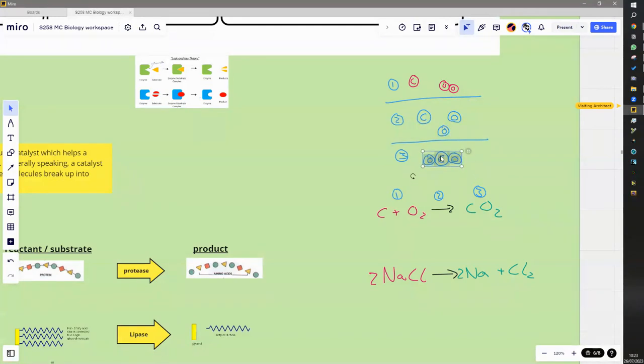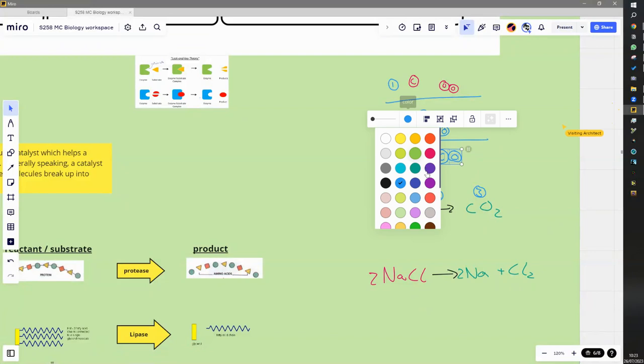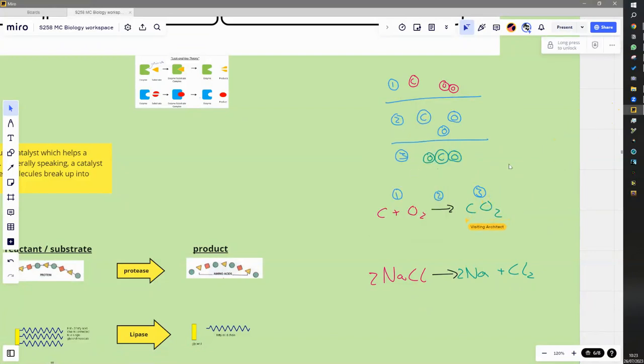And now we have a product. So let's colour that in green. We start off here with the reactants, and then this is them breaking apart. We can imagine that's what's happening at the arrow. And then part three, they have made the product. So that's really it.